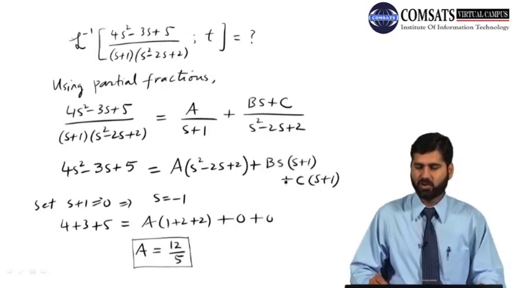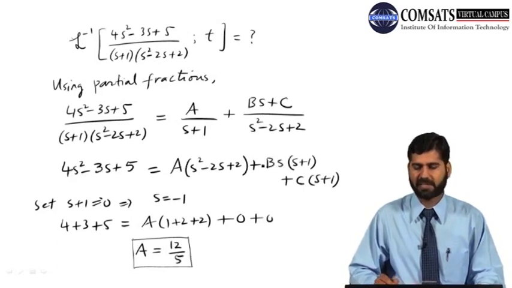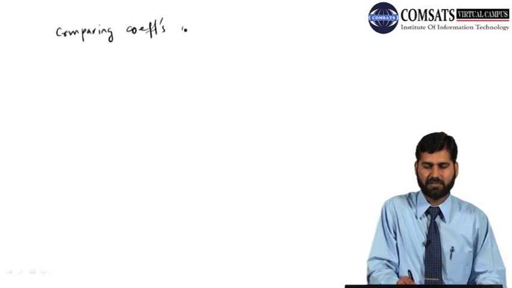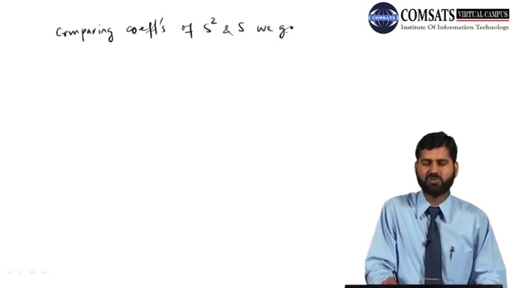Now, because there are no more linear terms, I cannot assume other values, so what I can do is compare the coefficients on both sides. So if you compare the coefficients of s square, I'll get 4 is equal to A plus B. And similarly, you can compare the coefficients of other terms as well. So comparing coefficients of s square and s, why just 2?